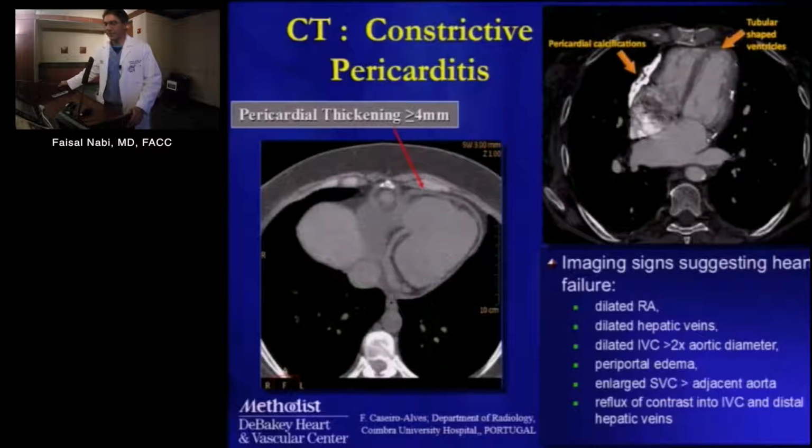Filling occurs early in diastole, and you can imagine once the heart is expanded to a certain point, this calcium's not going to let this heart fill any further. Once that happens, filling pressures will be high, and then we have a whole host of signs, some of which I've mentioned with the tamponade portion, suggesting elevated filling pressures.